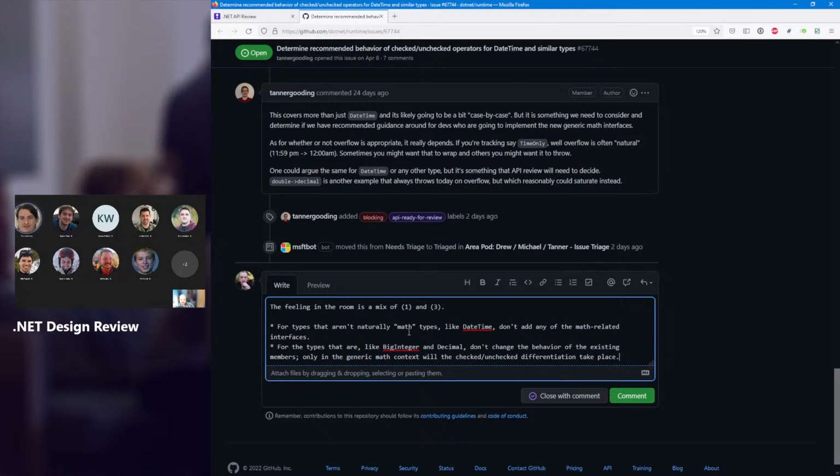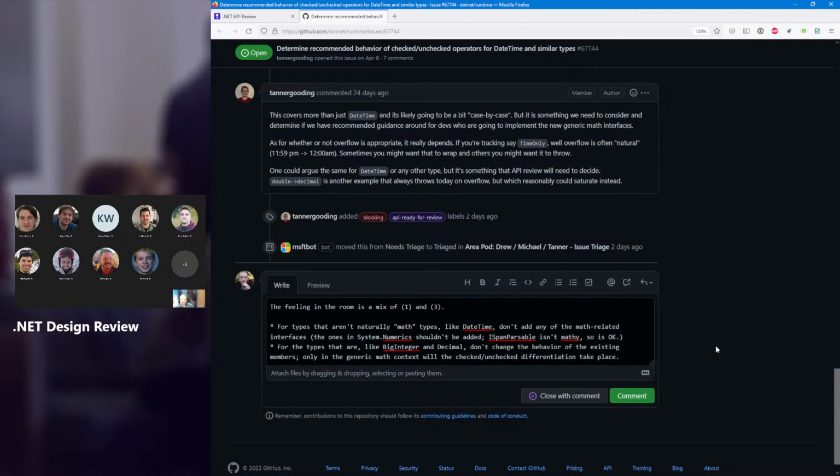For the first bullet point, could you put in parentheses there just the new interfaces under the System.Numerics namespace, since that's the differentiation between how they're exposed? Better?